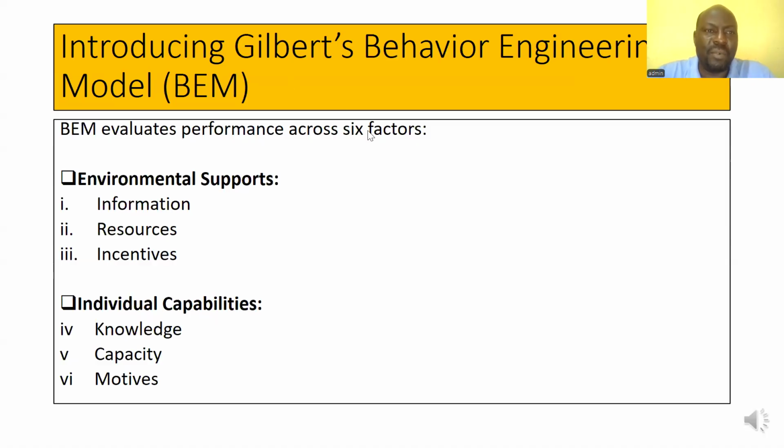The behavior engineering model evaluates performance across 6 factors. These are environmental factors and individual factors, whereby environmental factors relate to information, resources, and incentives that the organization gives to the performer, and the individual factors relate to the knowledge, capacity, and motives that these performers have.